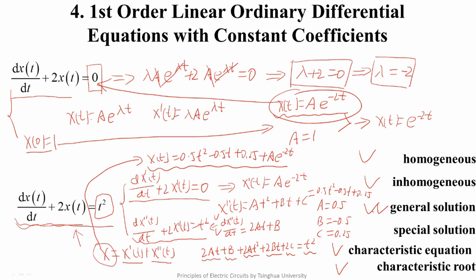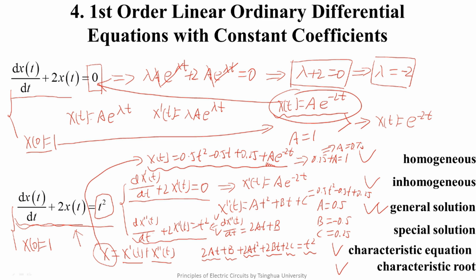The reason we call it a general solution is that there is an undetermined coefficient in the solution. Similarly, if it has an initial condition, suppose x(0) is 1, we can get 0.25 plus a is 1. So a is 0.75.